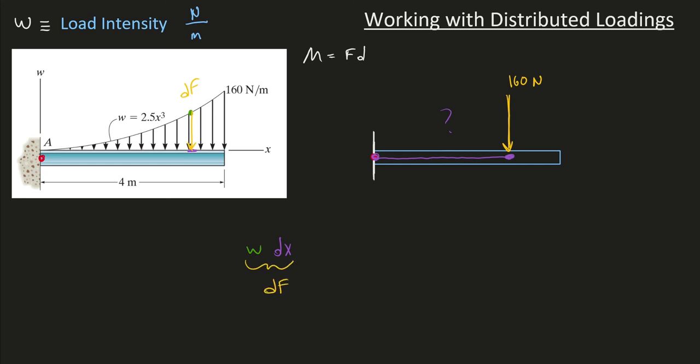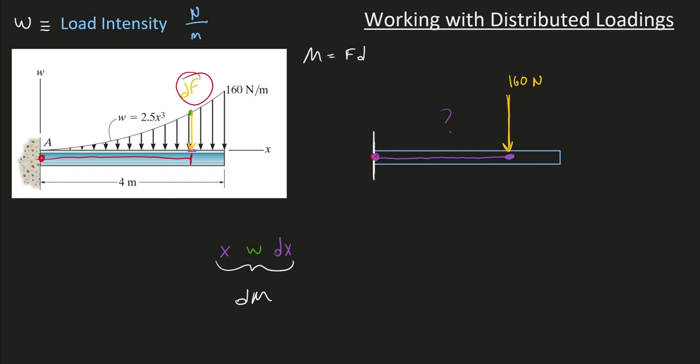So really we just need to multiply this force here by the lever arm. And what is the lever arm? Well, the lever arm for this force in particular is going to be just this distance right here. And notice that this distance is the x-coordinate of this point. So all we really have to do is multiply this by x. And now this whole equation represents the tiny moment produced by this tiny force.